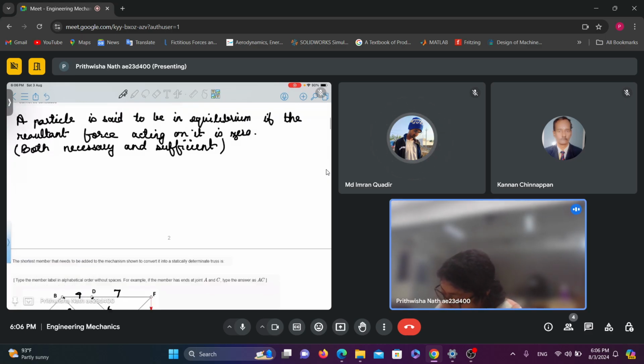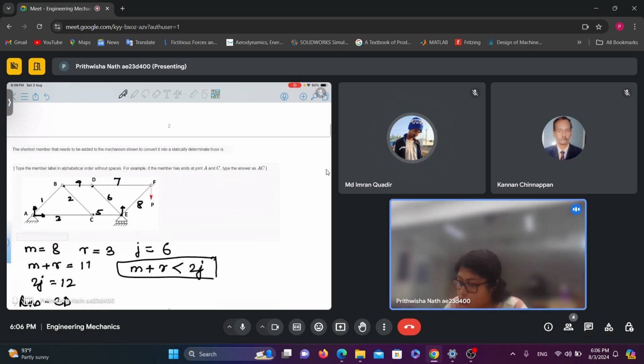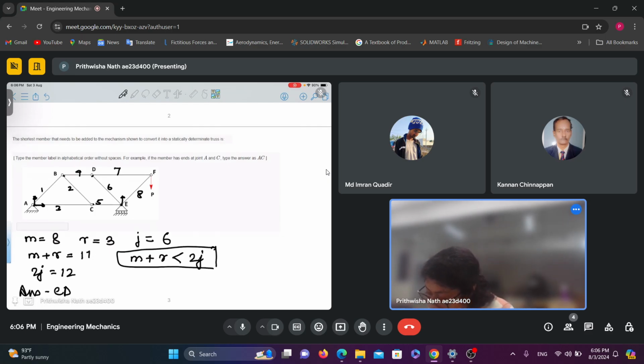So the next problem, we need to find the shortest member that needs to be added to the mechanism shown to convert it into a statically determinate truss. So we can see there are 8 members in this figure, and the unknown reaction forces are 3. The truss is supported by a pin joint and a roller support.